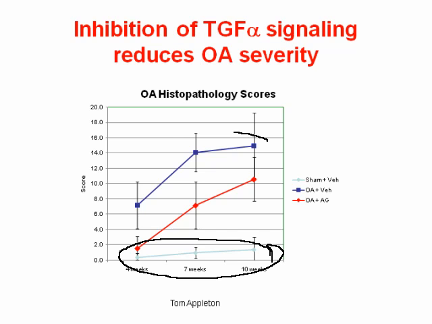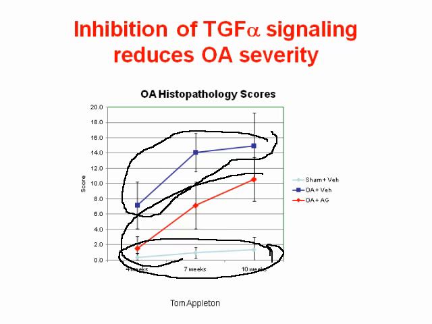If you then look at our osteoarthritic samples in the blue line on top, they get severe osteoarthritis quite rapidly at 7 weeks or even worse at 10 weeks. And then if you look at our osteoarthritis model that has gotten the drug in red, you see it somewhere in the middle. So definitely this drug is beneficial. It slows down osteoarthritis progression. It particularly slows these early phases quite a bit.